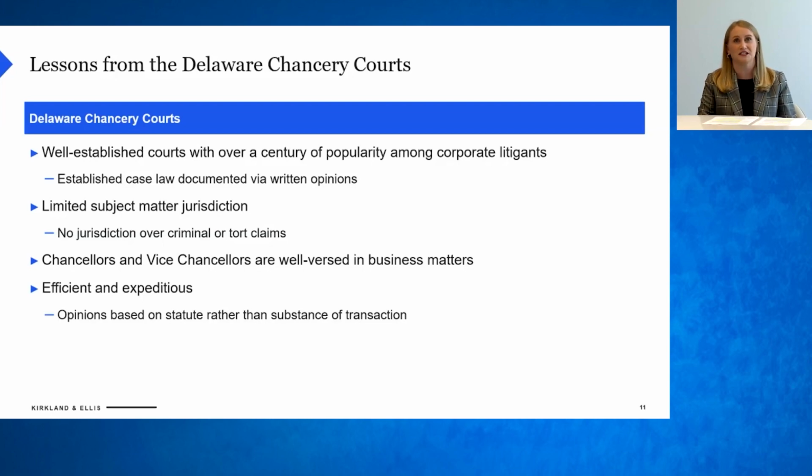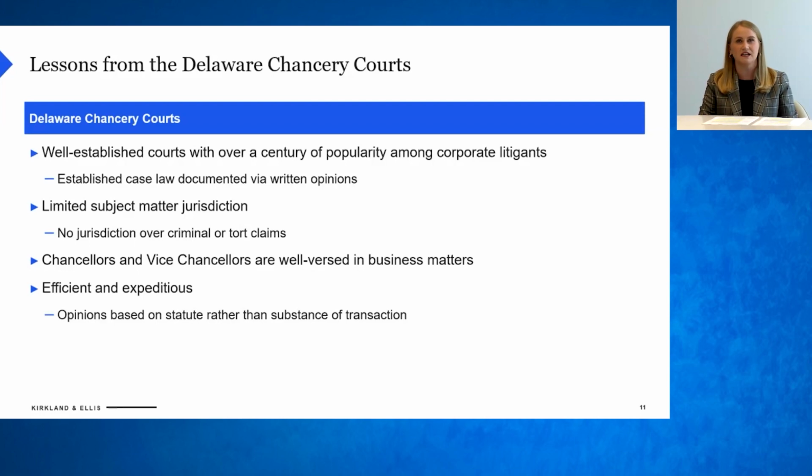They have over a century worth of precedent out there, so you know what to expect. There's limited subject matter jurisdiction, just like there will be in the Texas business courts. The thought there, which Ben spoke to earlier, is that this will create expediency. It certainly does in the Delaware Chancery courts.